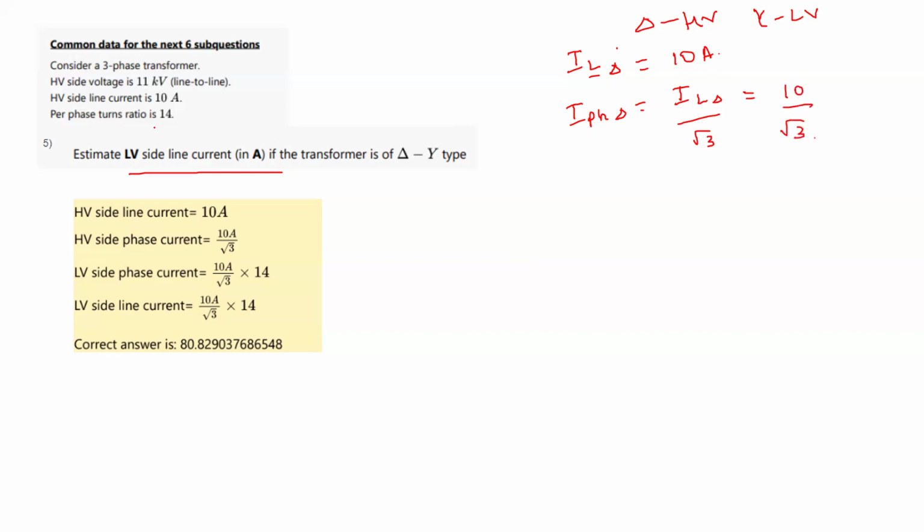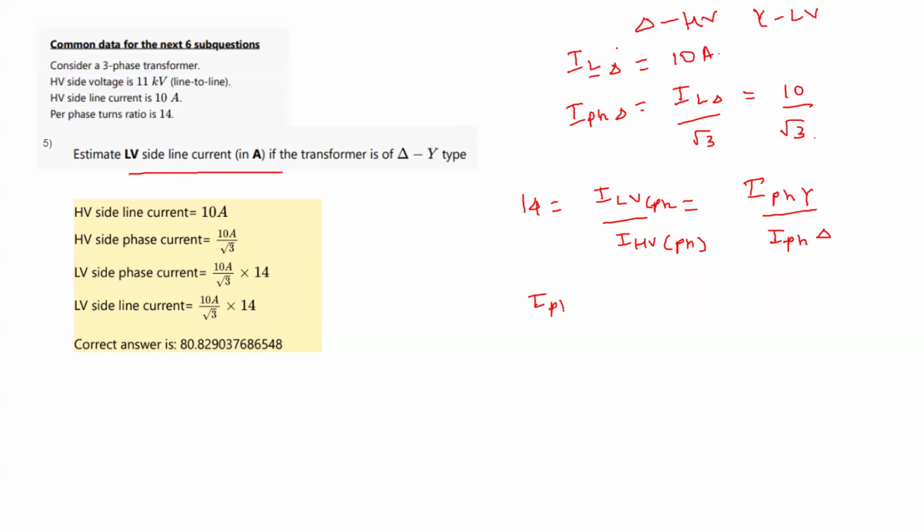Now we will use the transformation ratio. This will be I phase LV by I phase HV, so I phase star by I phase delta.